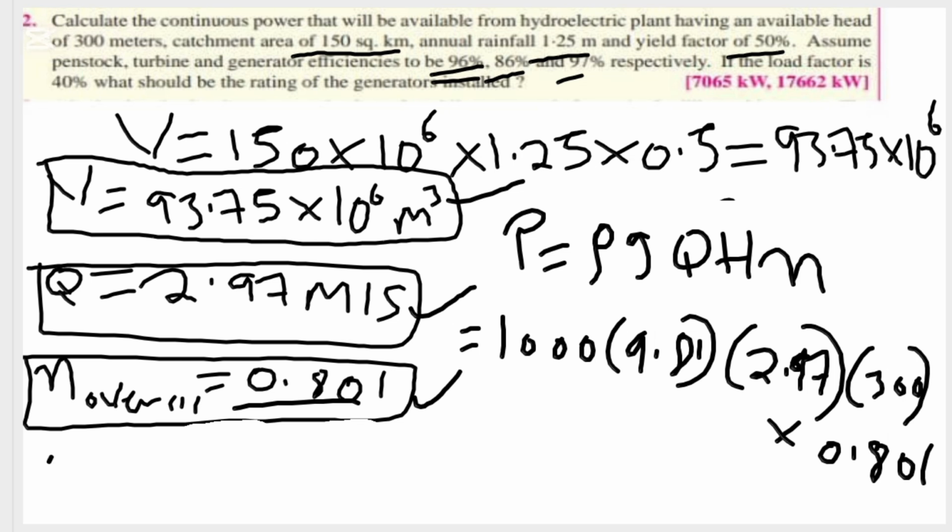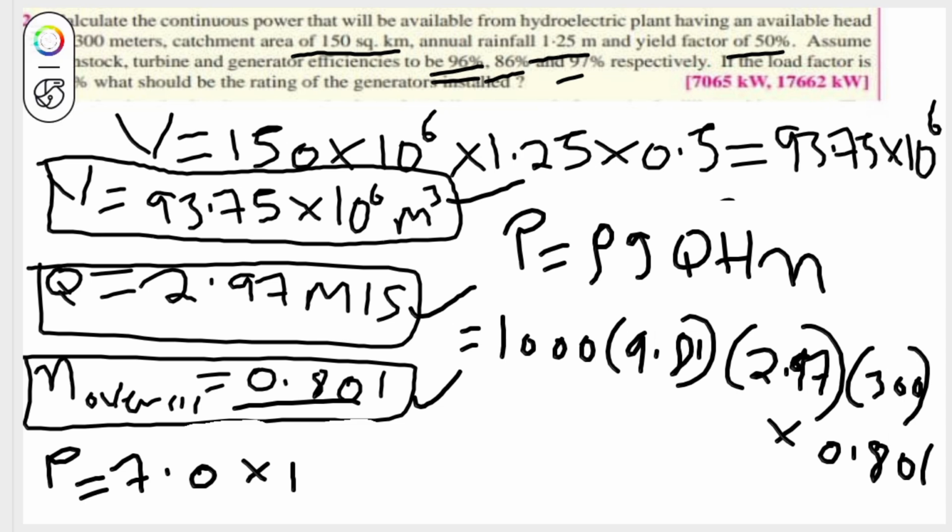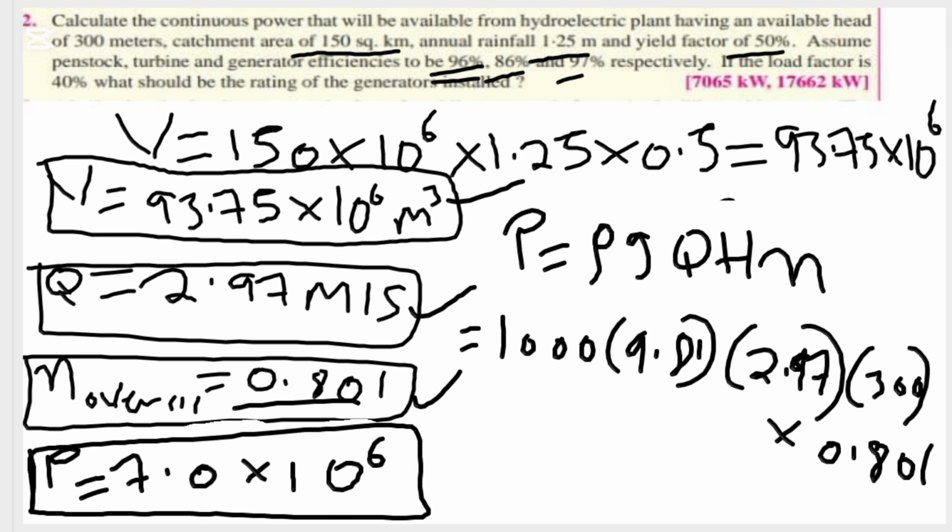So at the end, the value of my P should now be equal to 7.0 times 10 raised to the power of 6 watt.